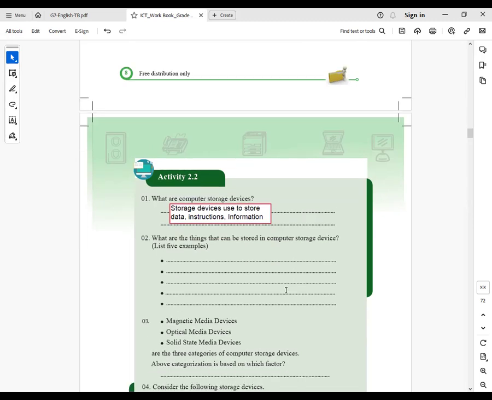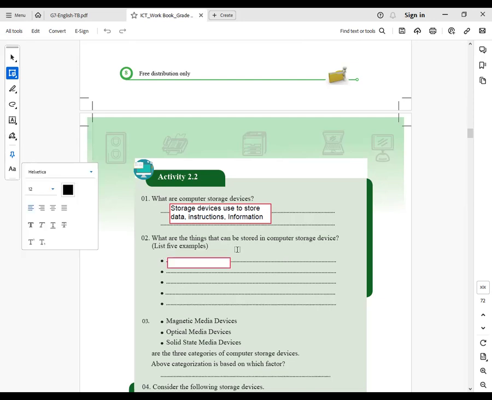Then what are the things that can be stored in computer storage devices? List 5 examples. Pictures, documents, photos, images, same meaning.